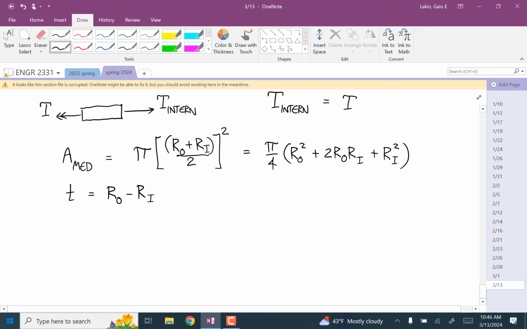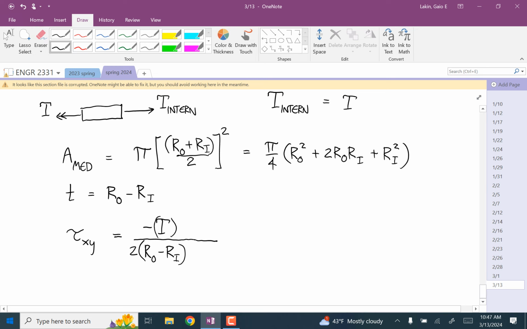Okay, so this tau xy value is negative T over 2 times the thickness times the median area.